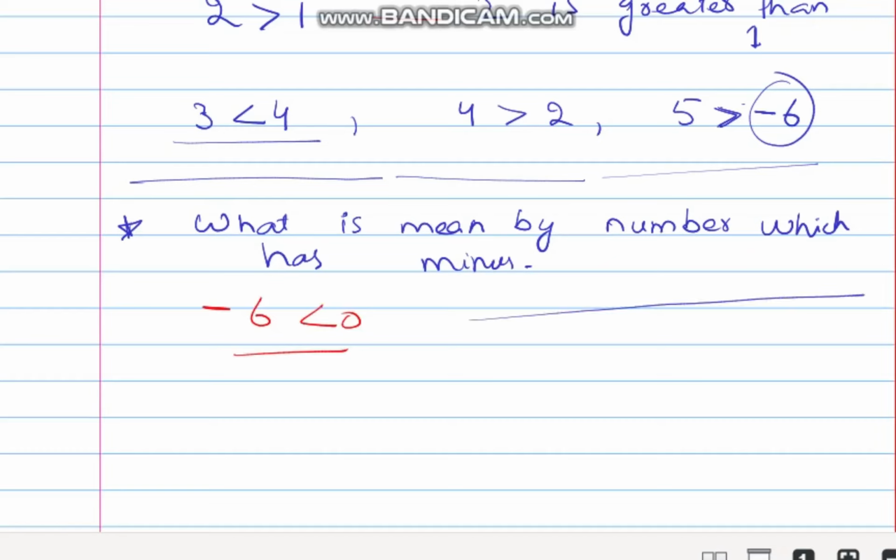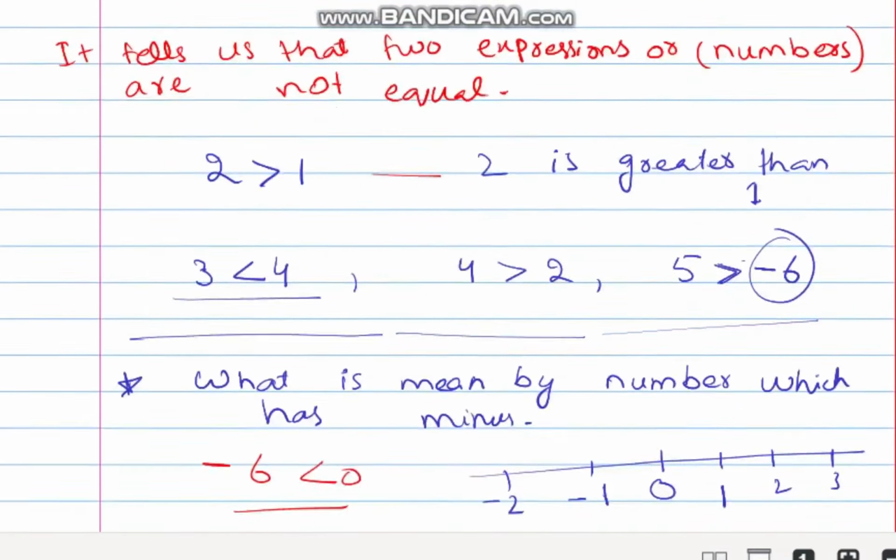This is the 0, and to the right side we have the numbers 1, 2, 3, and this is the negative side, and all of these numbers toward the left side are less than 0. So don't think that -6 would be greater than 5. No, no, no. -6 is very much less than 5, and 5 is always greater than -6.